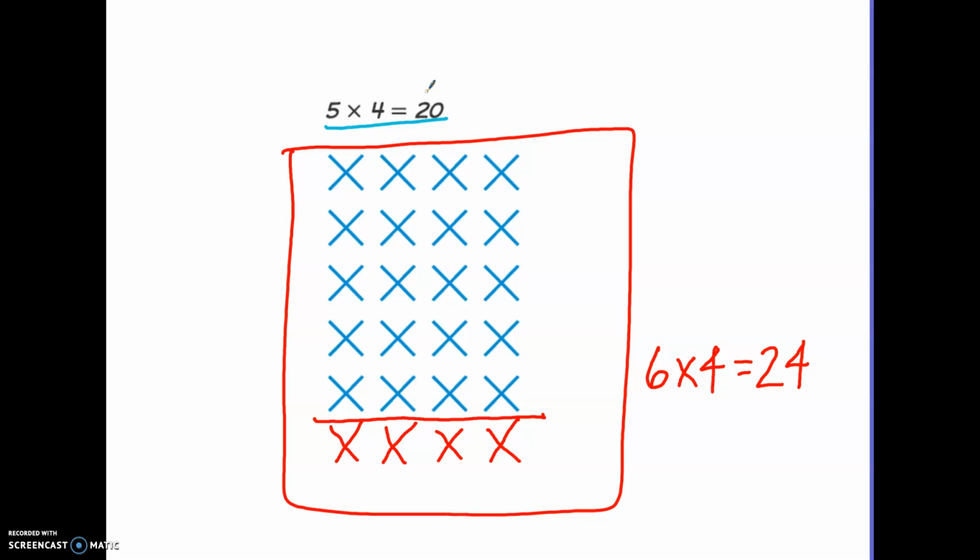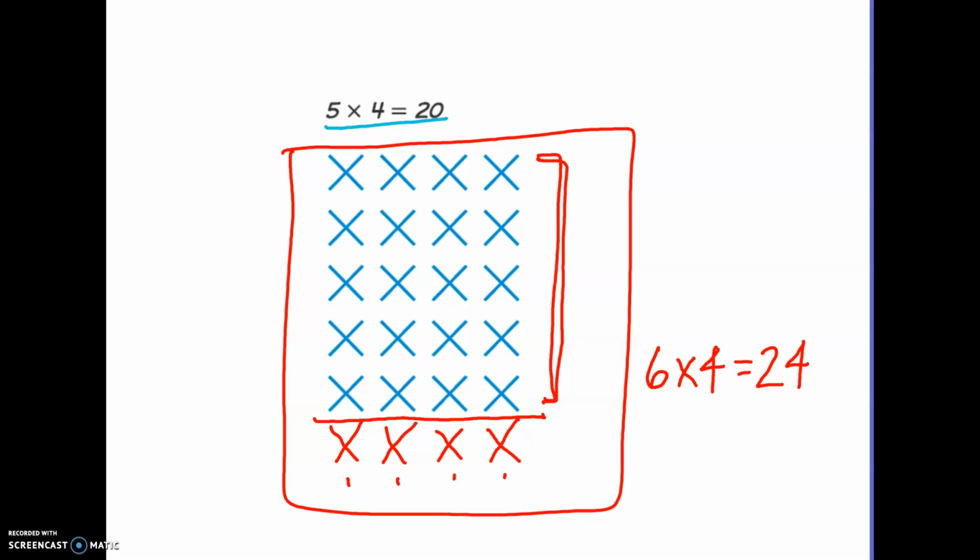To figure out the answer for 6 times 4, I don't really have to go around and count each one of those X's, because I know that here for 5 times 4, it's already 20. So if I'm adding 1 more row, I just need to add on those 4 more chairs. So this is 20. Then this is 21, 22, 23, 24.